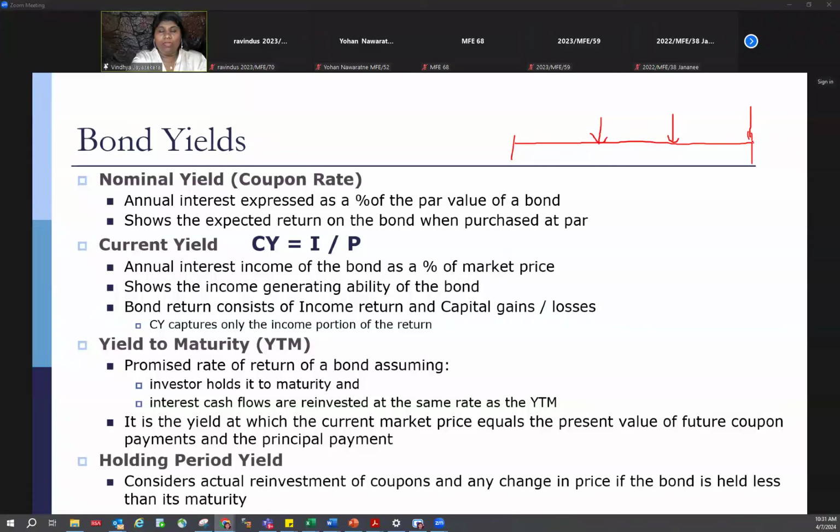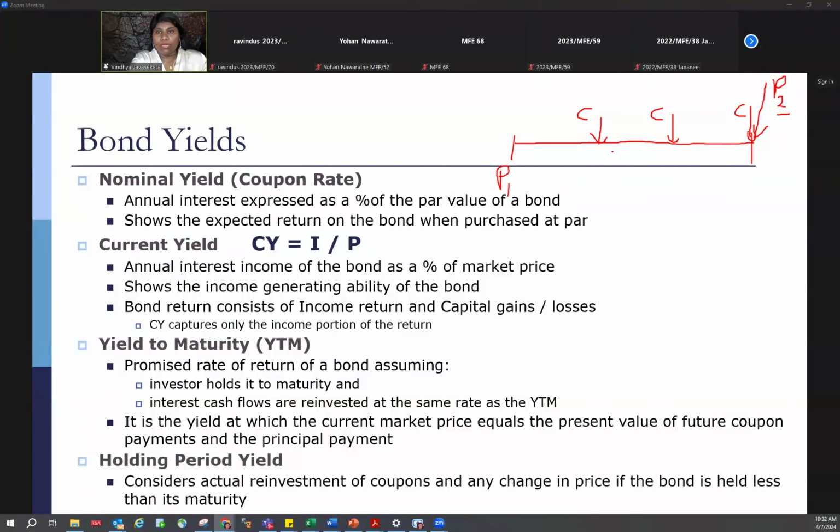At the end of whatever period I'm looking at, there is a value to my bond, which could be the price that I sold this bond at, or the face value of the bond, depending on whether I'm considering maturity or a trade market price. So I paid for the bond at the beginning of the period, I received coupons in between, and I sold the bond or the bond matured at the end of the period.